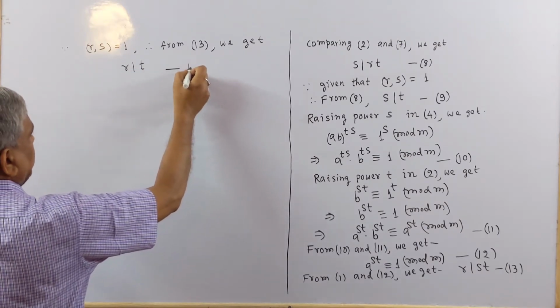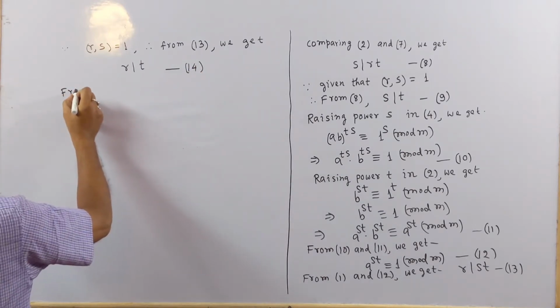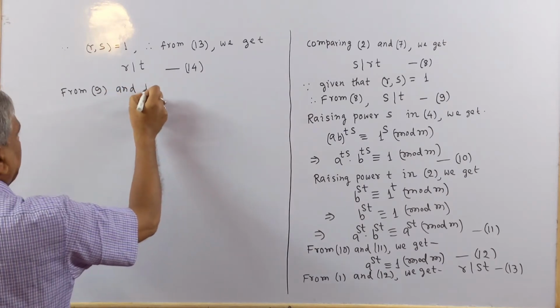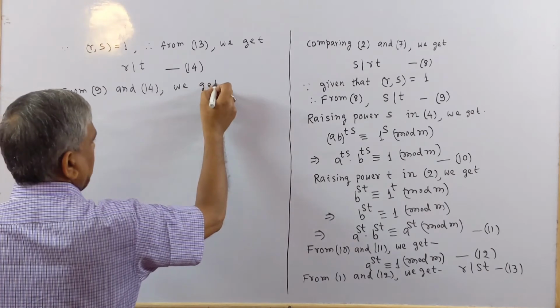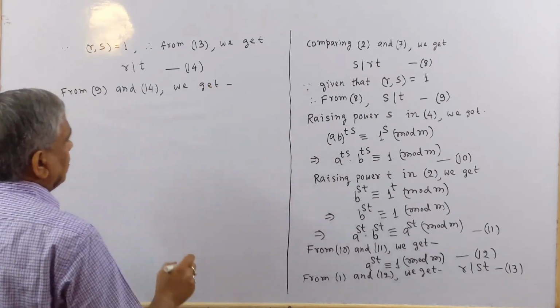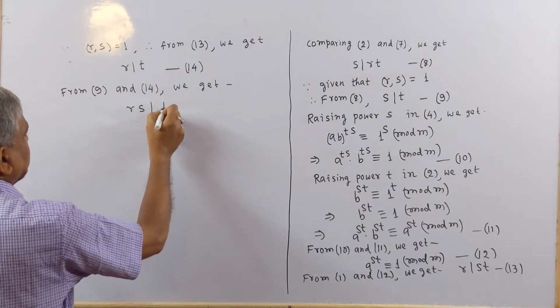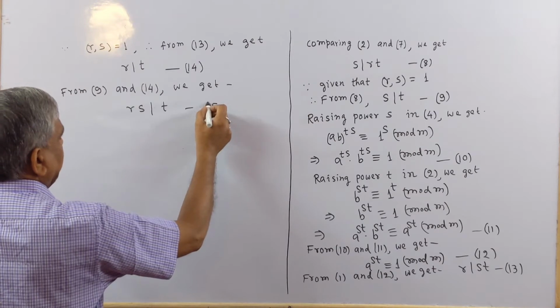Let this be number 14. From 9 and 14, we get r multiplied by s divides t. This is number 15.